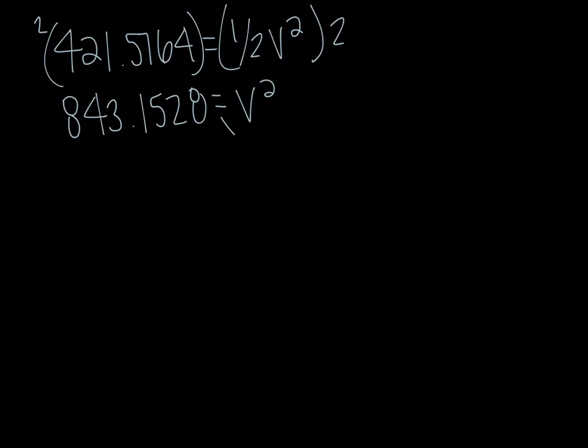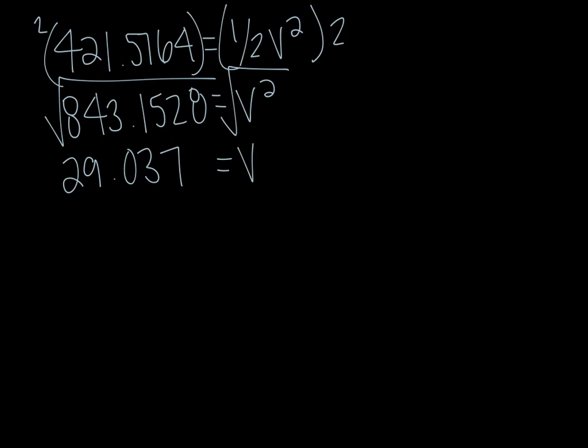Then you take the square root of both sides to get the final velocity, which will be 29.037. This will be your answer for the first part of 2B. It should be the same as the first part of part A, because the initial speed doesn't factor into finding the final speed.